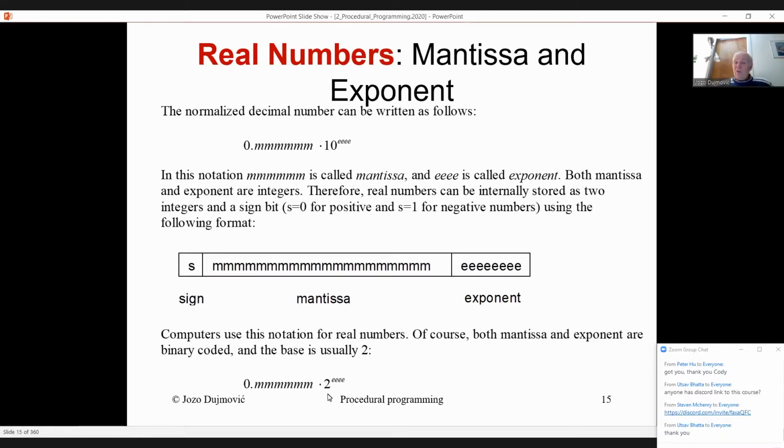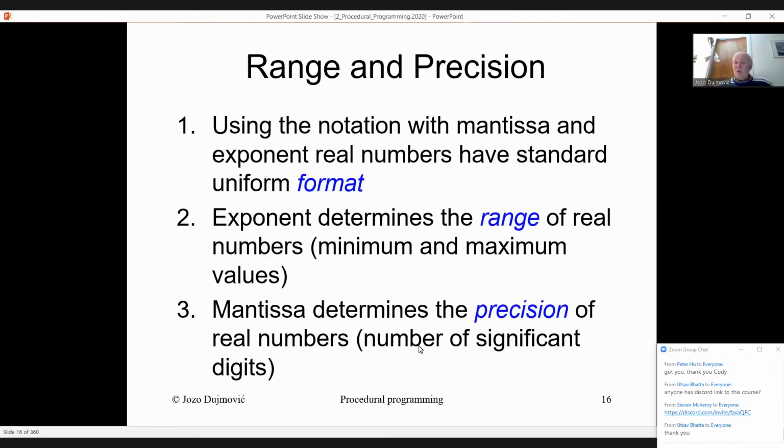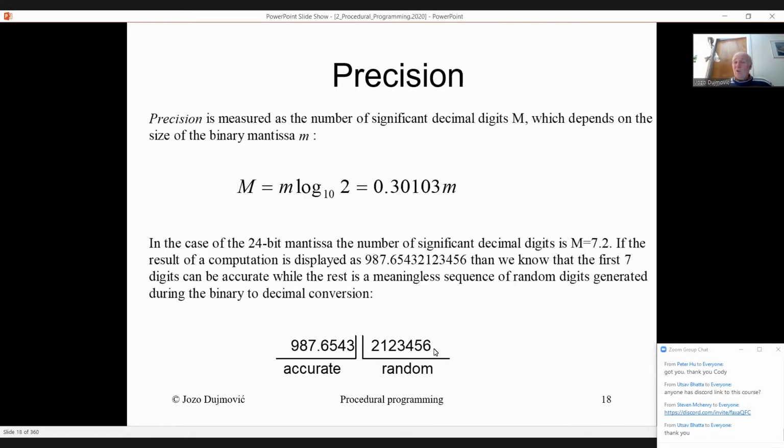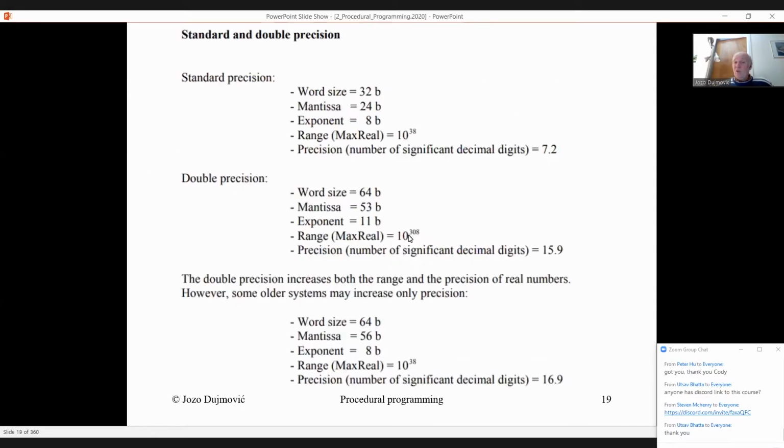So 2 to 1023 gives you the largest value that you can get as a multiplier of this number that has largest value 1. So this is the range, 2 to 1023.